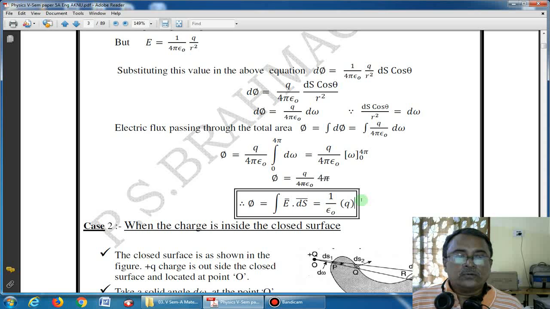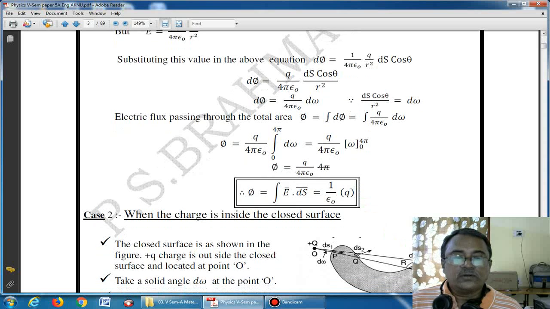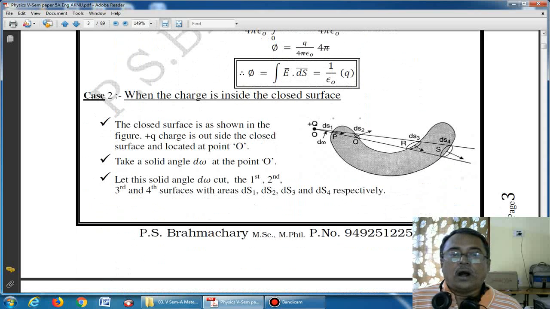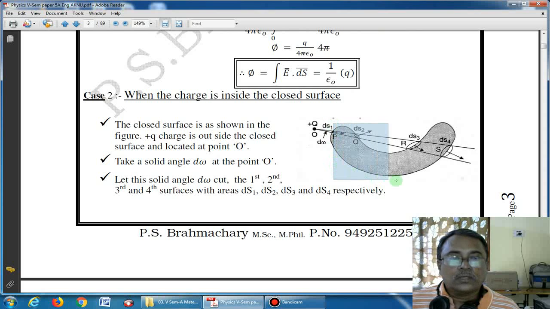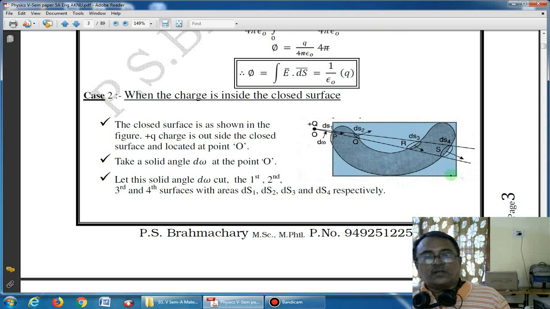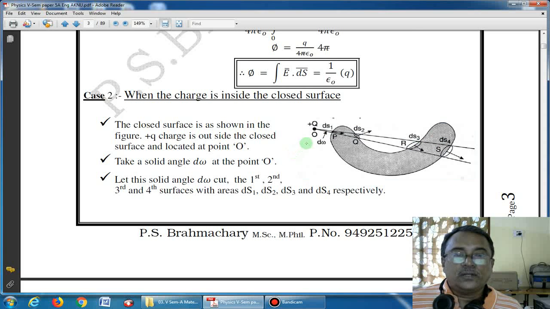Next, coming to the case 2, when the charge is placed outside the closed surface. Say this is the closed surface and this is in banana shape, and the charge is placed at the point O. That charge is equal to plus q.